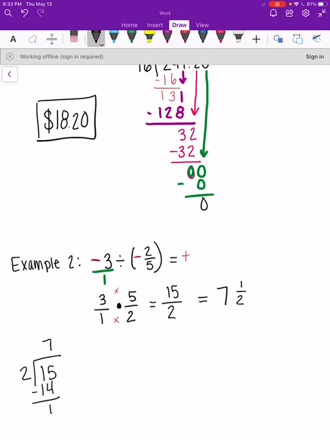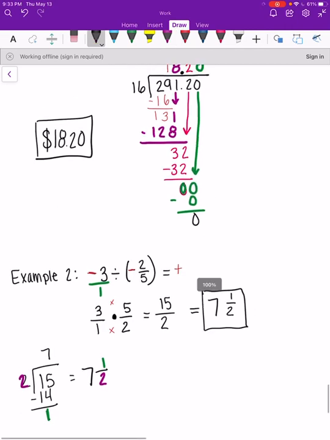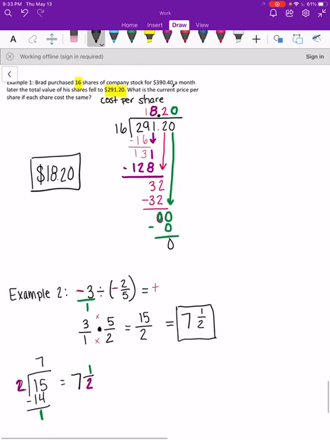And so we always do this number divided by this number. So that equals 7 1/2, in case you didn't know how to do that. There's our answer. Make it small so you can see both examples.